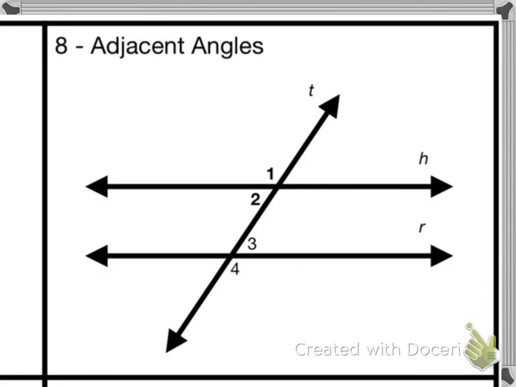In yesterday's video, I talked a little about adjacent angles, or we talked about what non-adjacent were, and so I was able to explain that by talking about adjacent. And so when we talk about adjacent angles, there's simply going to be two angles that are right next to each other. So here we have angle 1 and angle 2. They're right next to each other.